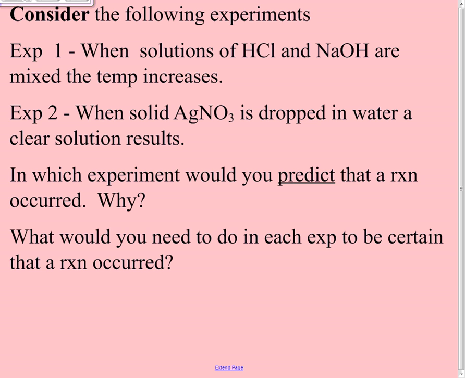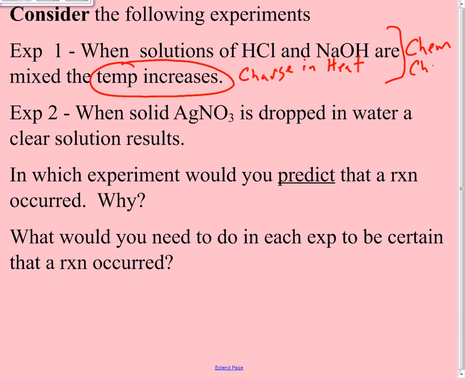Okay, experiment 1. What do you think? Well, I start off with two solutions, and what happens? We see a temperature increase. Temperature increase, that is what? That's a change in heat, and that is an indicator of a chem reaction. So I would predict that, yes, here we have a chem change, a chem reaction occurring. Good. What about number 2? Does anything happen? Solid dissolves.